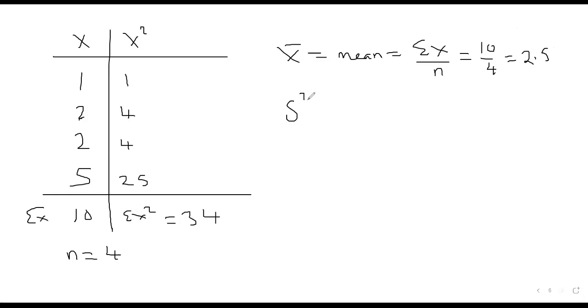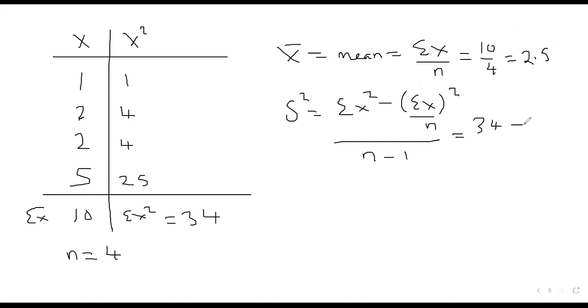Then variance is given by summation of x squared minus summation of x to the power 2 over n, everything over n minus 1. So here we have 34 minus 10 squared over 4, divided by 4 minus 1.